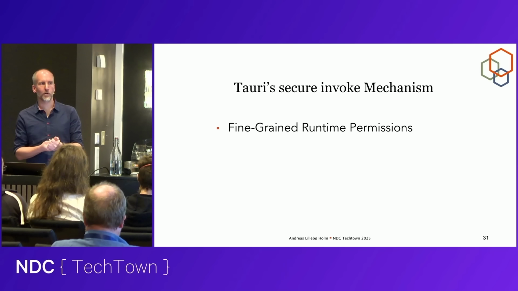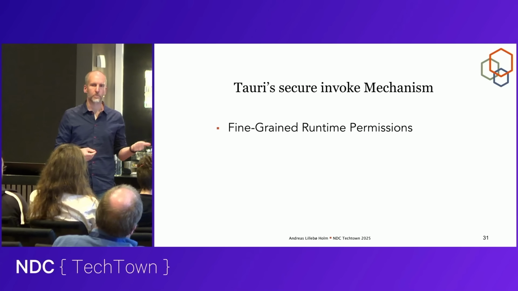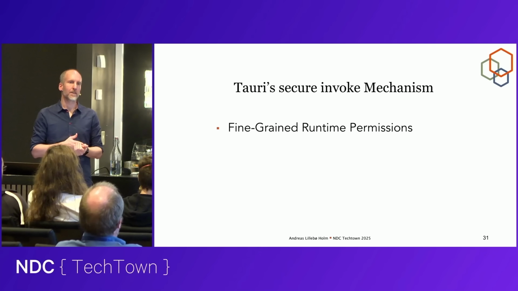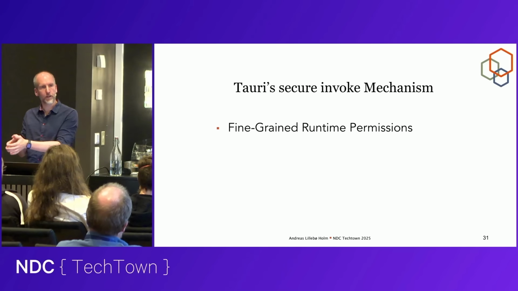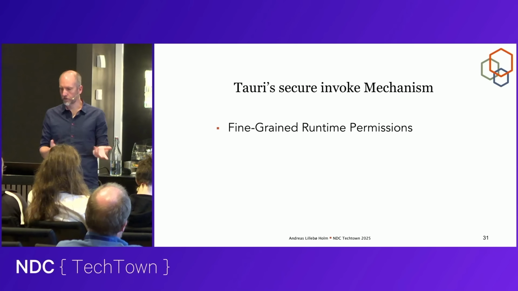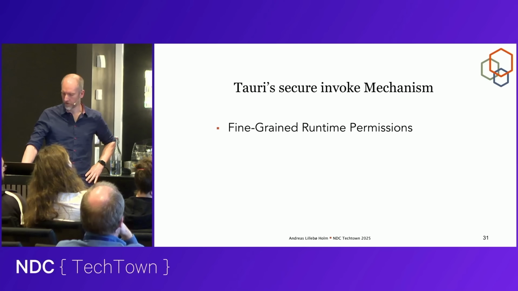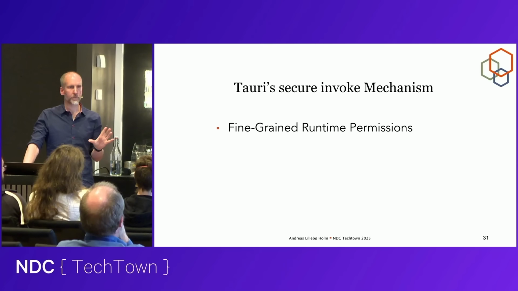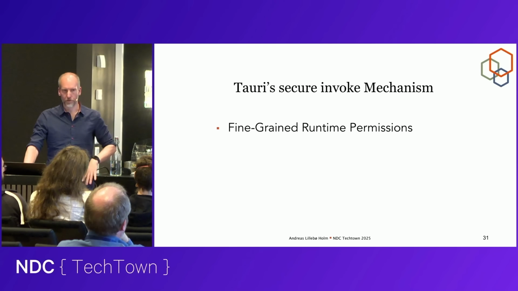But in Tauri, they have gone with the same kind of permission, but you can also specify where in the file system you can operate. So you can even say, okay, I only want access to a configured directory or something. You can specify exactly where you want this application to have access. So you have more fine-grained runtime permissions that you explicitly have to set, so you can design your application to not do stupid things.